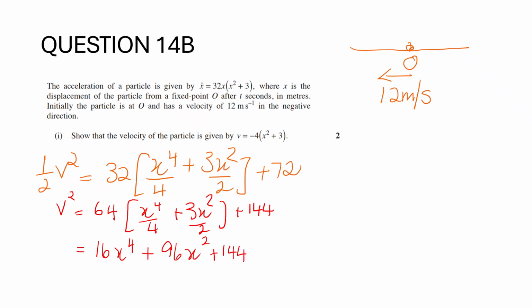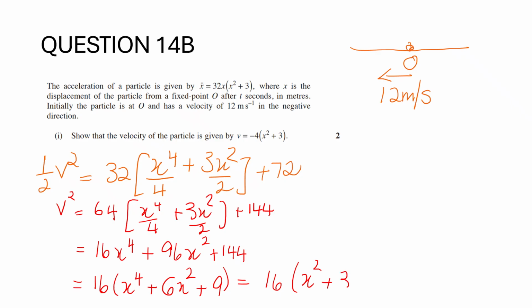Can we factorize that 16 out? 96 divided by 16 is 6. 144 divided by 16 is 9. Oh, you beauty, look at that. Equals 16 (x squared plus 3) all squared.